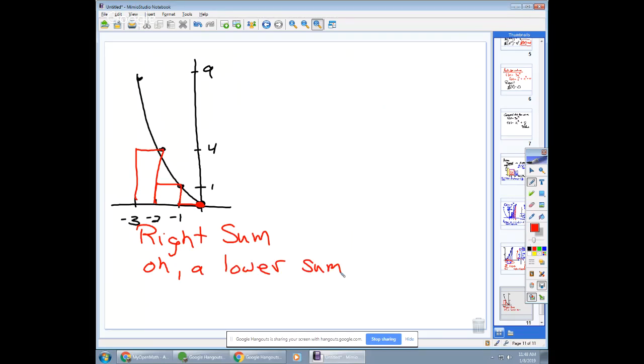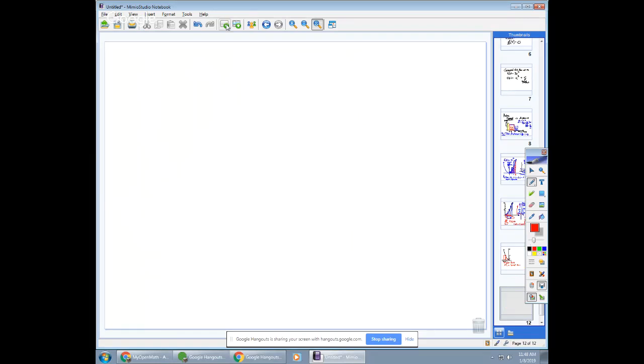Yeah, and if the function that you're looking at switches from increasing to decreasing, then some of the time it's an upper sum and some of the time it's a lower sum, even if you stick with right endpoints. Like another example, let's suppose we're looking at f of x equals the sine of x on the interval from 0 to pi.